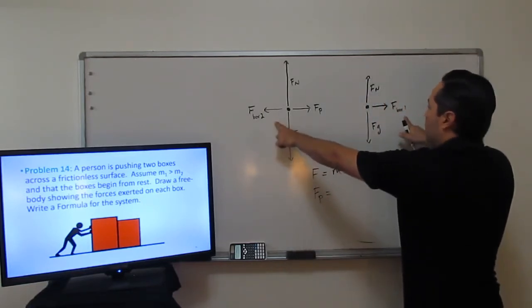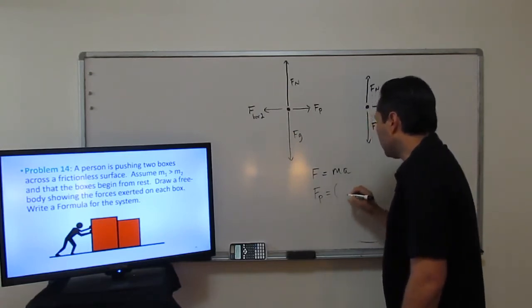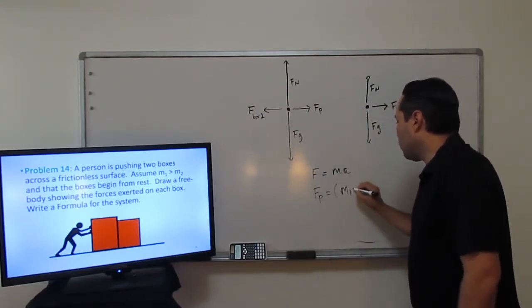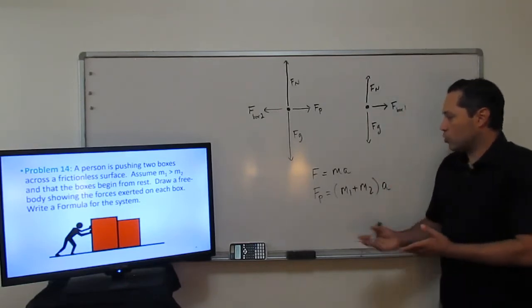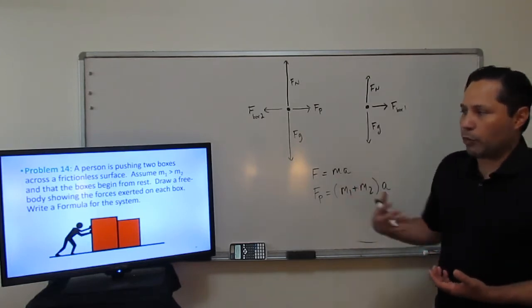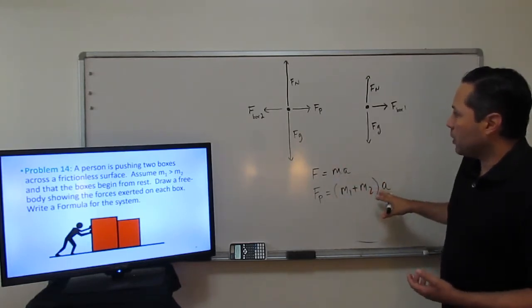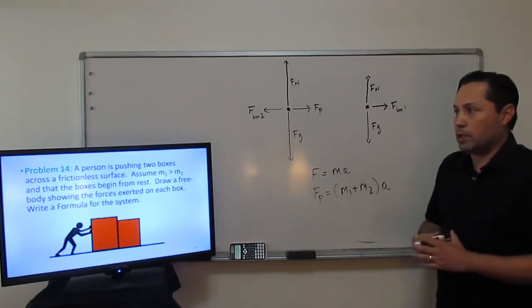These two cancel each other out, they're the same. That equals mass of box 1 plus mass of box 2 times acceleration. So that will be your answer for a formula for both of them, for the whole system. That takes care of problem number 14.